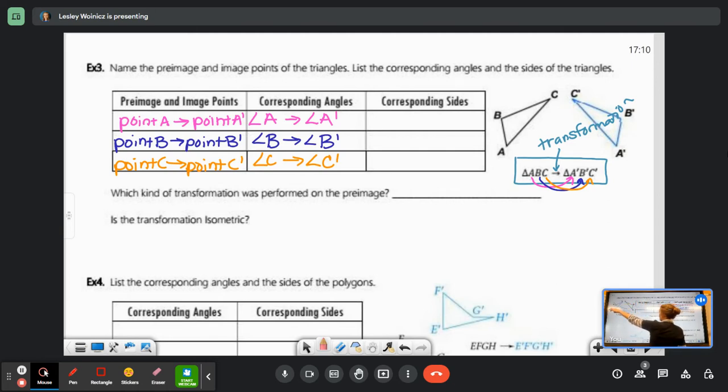Now we have to do corresponding sides. So if I look at this short little AB side, segment AB gets transformed into segment A prime, B prime.